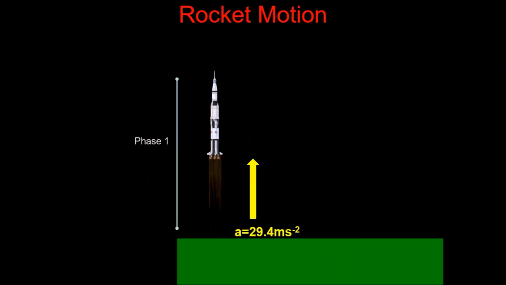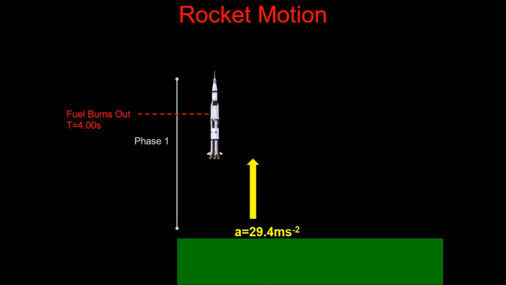So here's the rocket. I'm going to call this phase 1. The rocket's going to move upwards with an acceleration of 29.4 meters per second squared. Now, when this acceleration is quoted, it should be taken as the overall acceleration on the vehicle. There's no need to go subtracting gravity from this.